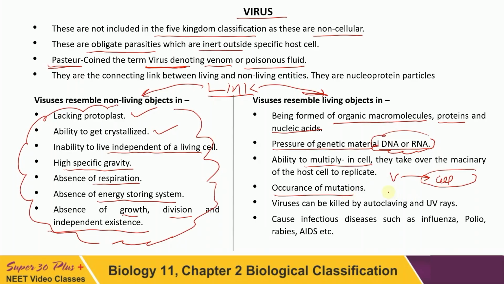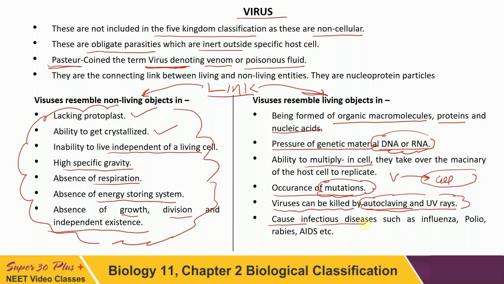Viruses keep on changing. The genetic material keeps on changing. Mutation is there, and you know mutation is a character of livings. Virus can be killed. You know, the killing will be only of a living thing. If these are autoclaved or treated with ultraviolet rays, the virus can be killed. It means this is a living one. And the last one, when virus enters a living one, it causes infectious disease.